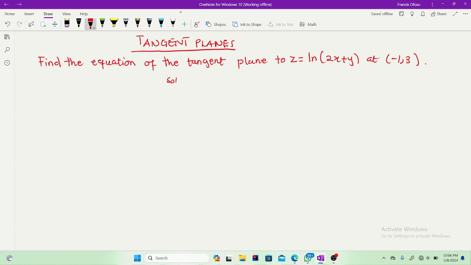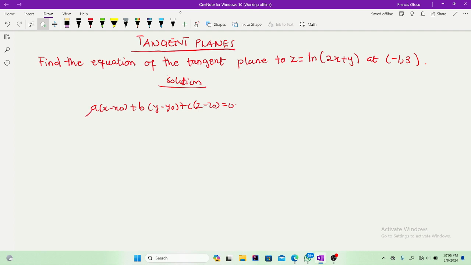So what do we mean by tangent planes? In our lessons on planes, to find the equation of a plane, you know that generally the equation of a plane is given as a(x minus x naught) plus b(y minus y naught) plus c(z minus z naught) equals 0.